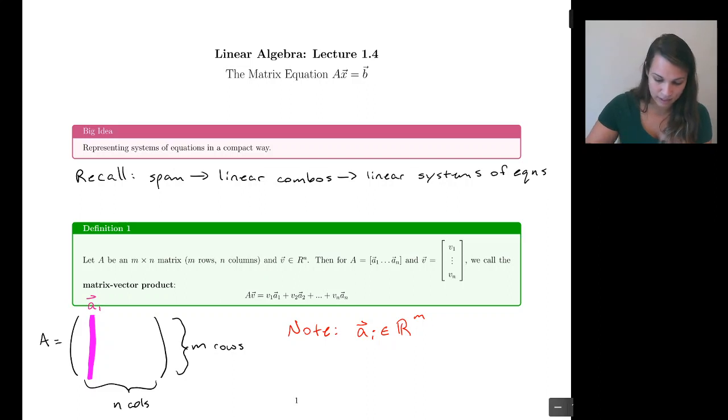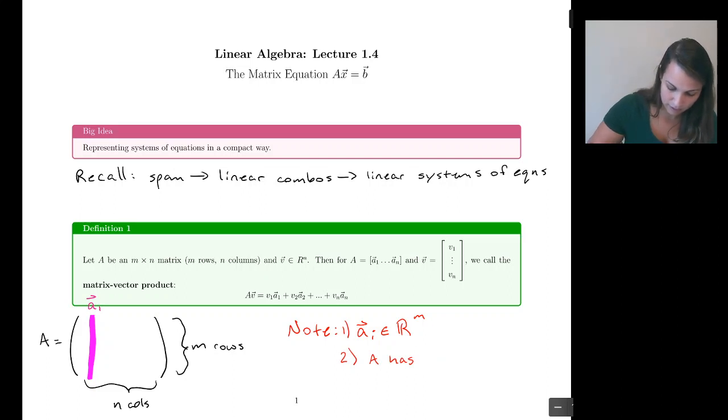So that brings us to our second note, so note 1, then note 2. A has to have the same number of columns as V has entries.